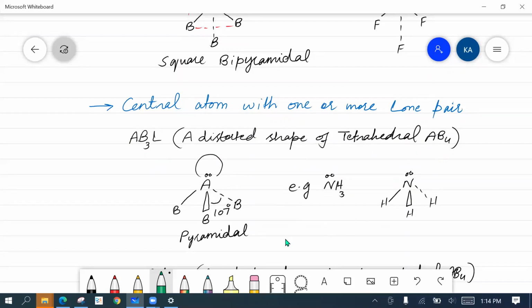Here the structure was tetrahedral, but at one corner there is a lone pair, and a lone pair repels the bond pairs to a greater extent. So therefore the bond angle is decreased from 109 to almost 107. An example is ammonia, and its shape is like a pyramid, so it's called a pyramidal shape.